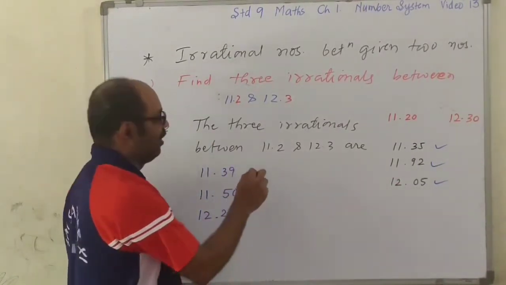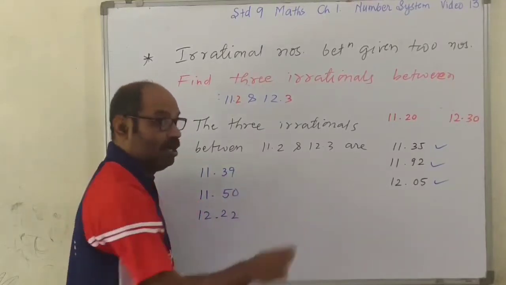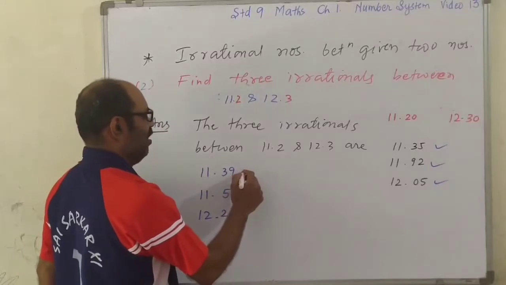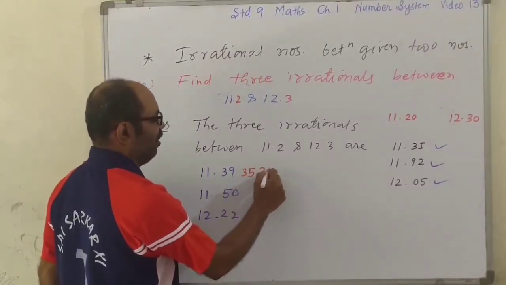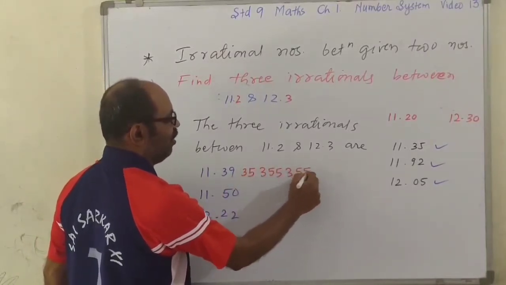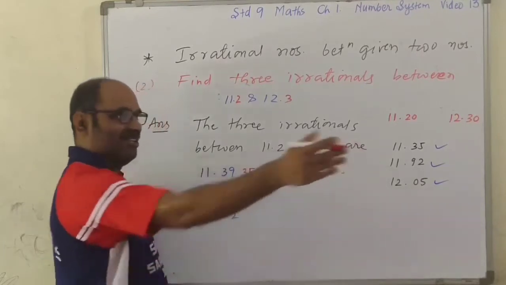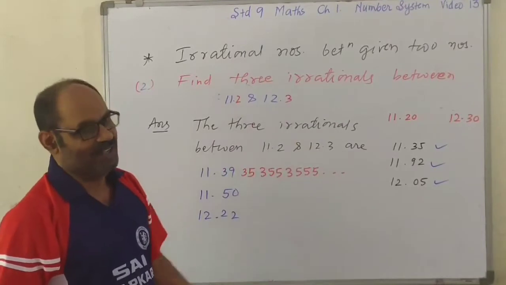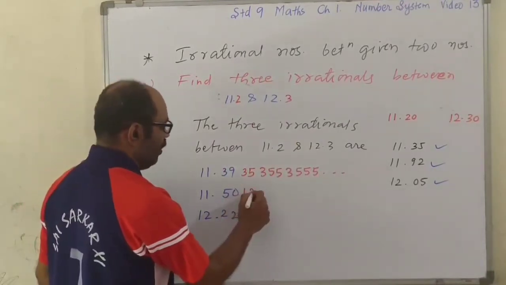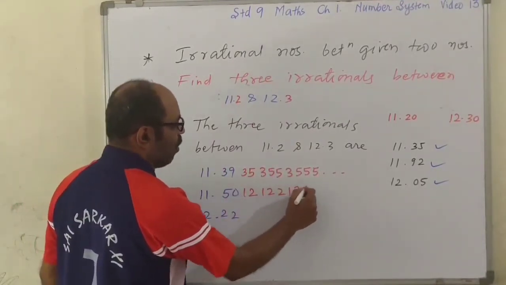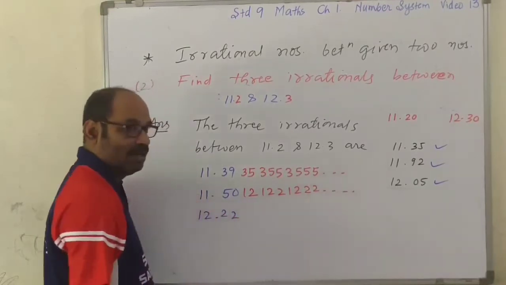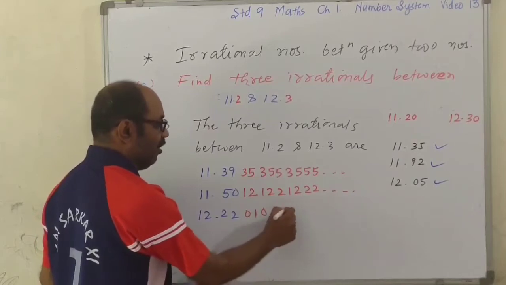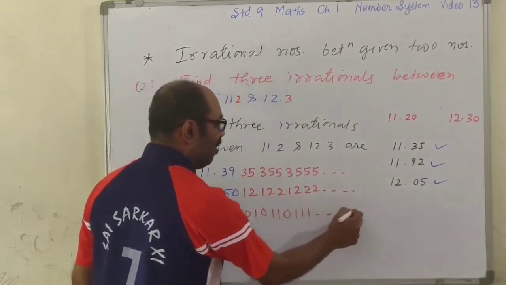Yeah, to show it is non-terminating, you can put dot dot dot dot. But to show that it is non-recurring, 3 5 3 5 5 3 5 5 5 dot dot dot. So this is non-terminating, non-recurring, which is irrational. 1 2 1 2 2 1 2 2 dot dot dot dot. 0 1 0 1 1 0 1 1 1 dot dot dot.